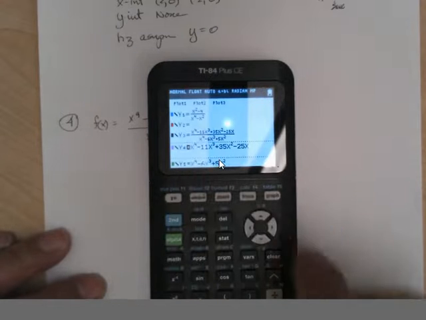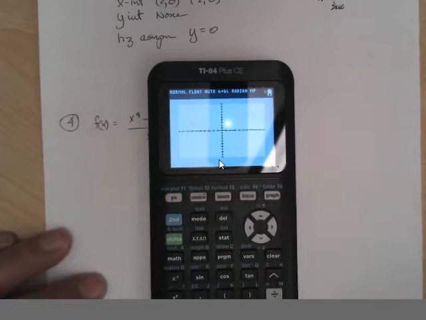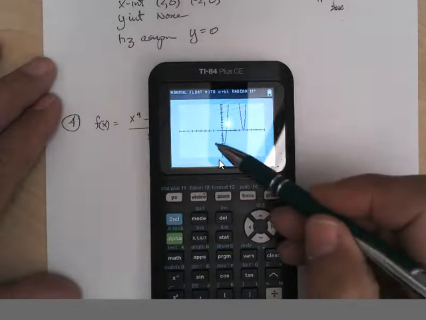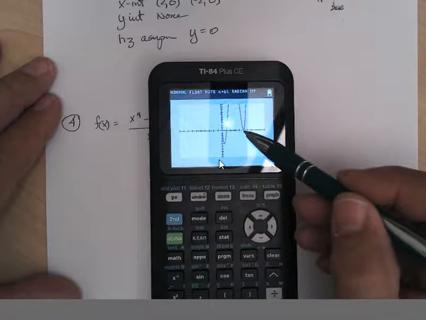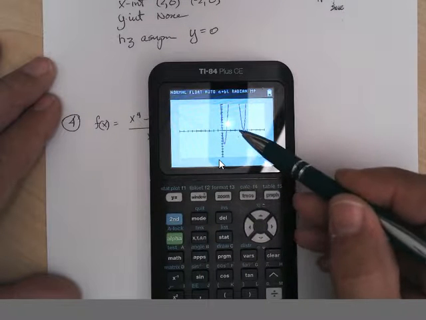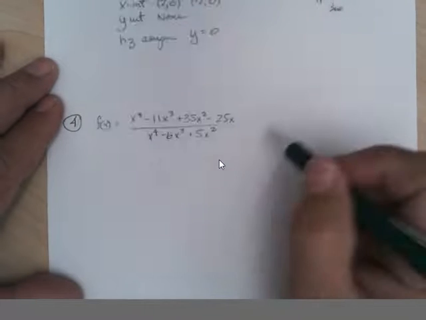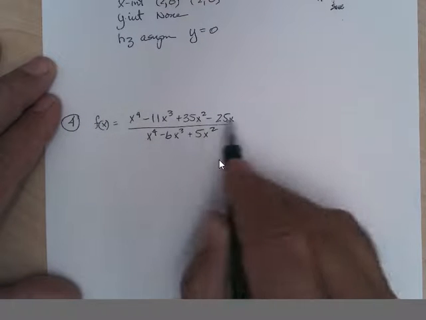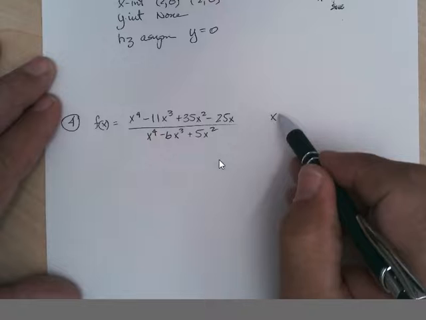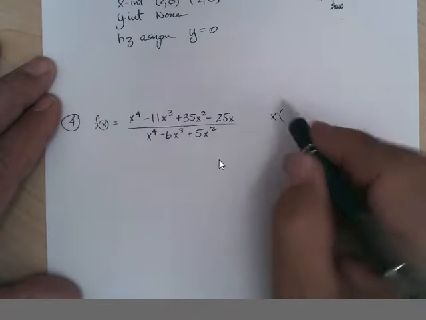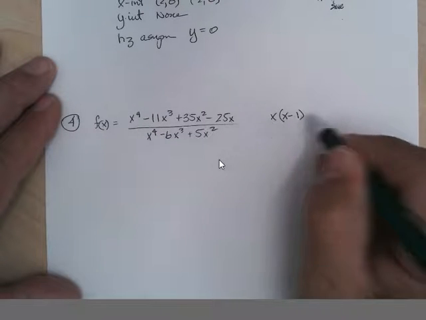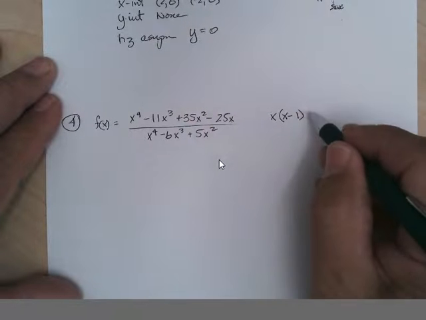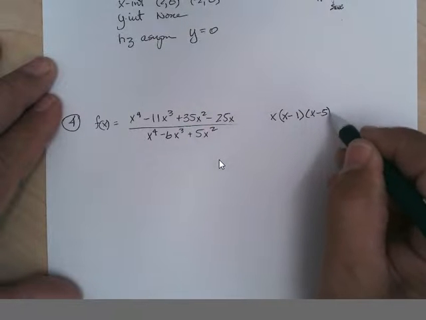So I'm going to turn it on, and then I'm going to go zoom 6, and let's see what it factors to. 0, 1, and 1, 2, 3, 4, 5 twice. 0 says x could have been factored out of this, and I see an x in all of them, so x as a factor. 1 means x minus 1 is a factor, and the bounce at 5 says x minus 5 is a double factor.